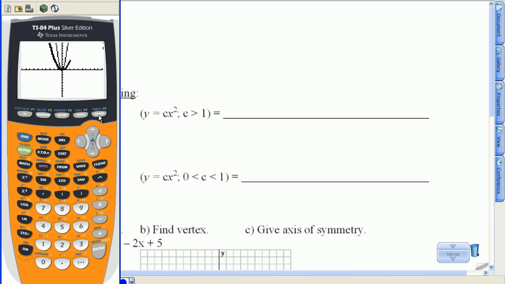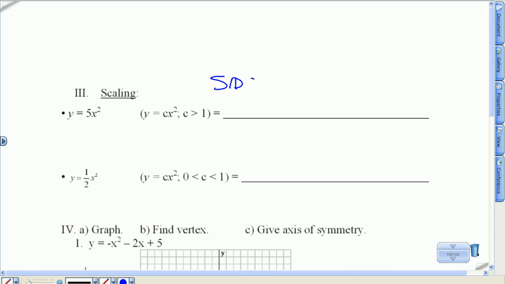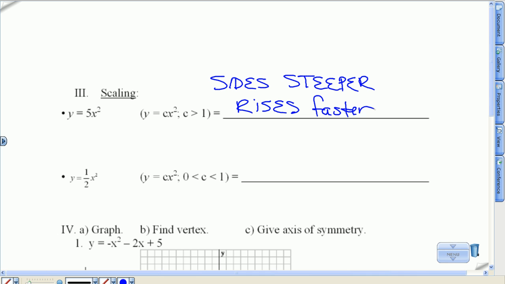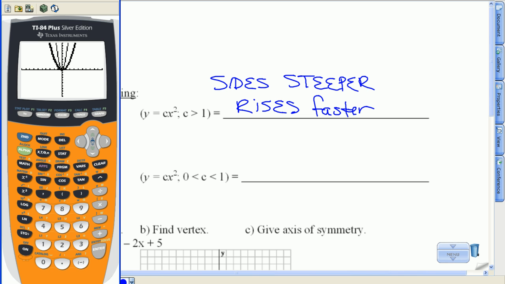So take a look. So you notice 5x squared is going to rise faster. So the sides are steeper. It rises faster. You might be able to guess what 1/2 is going to do. Based on that, kind of the opposite.